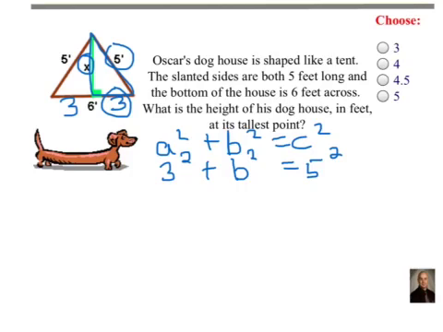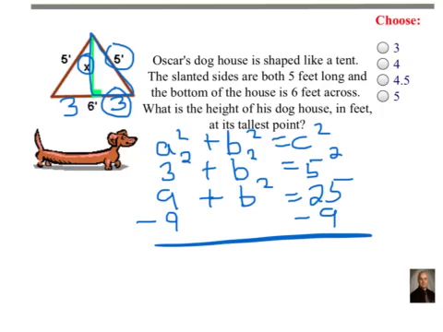Simplifying this, 3 squared is 9. We still don't know b, so leave that as b squared. And we know that 5 squared is 25. Now in this case, we need to get b by itself, so we're going to subtract 9 from each side of our equation, and we end up with b squared on the left and 16 on the right.